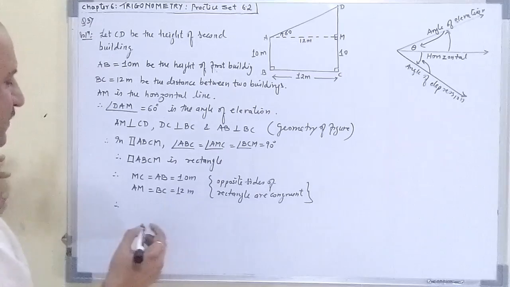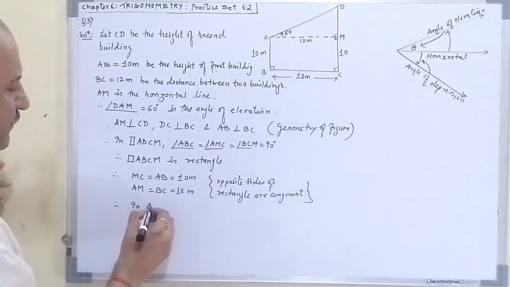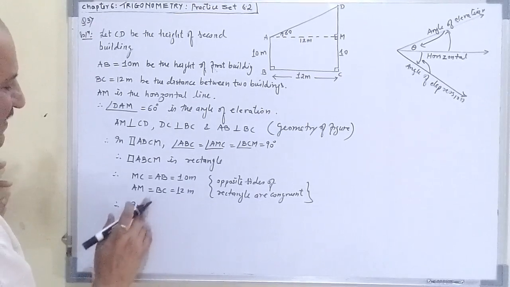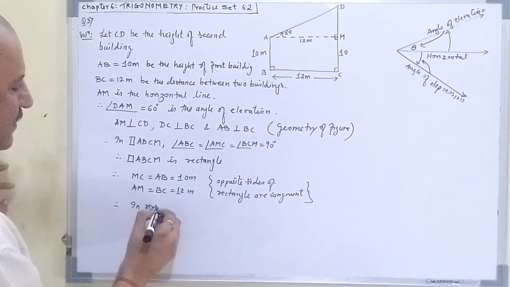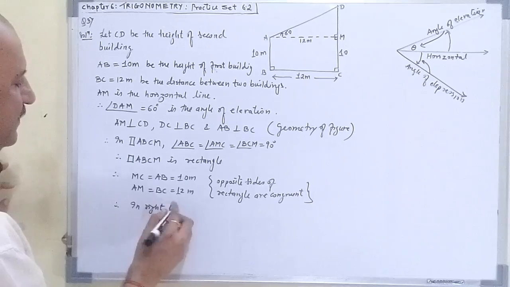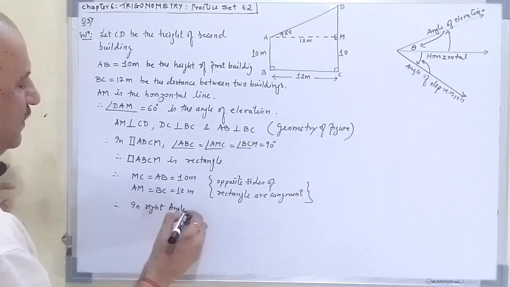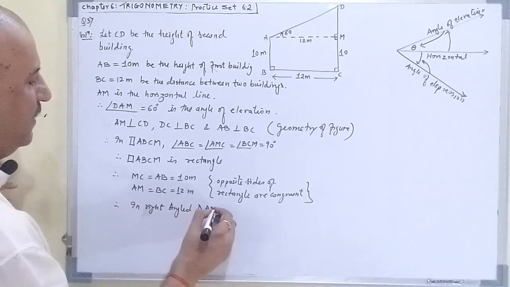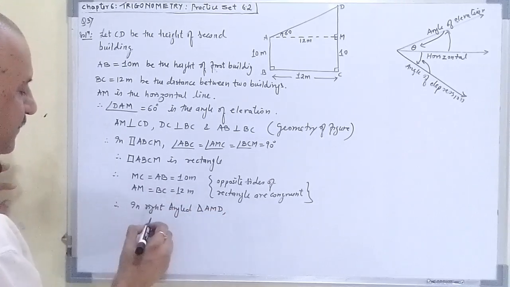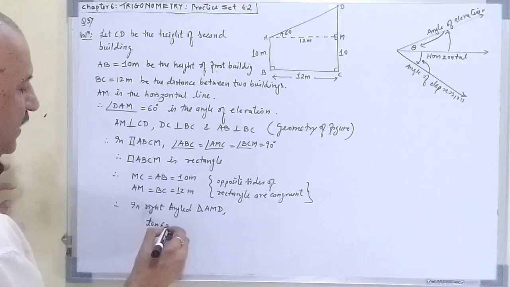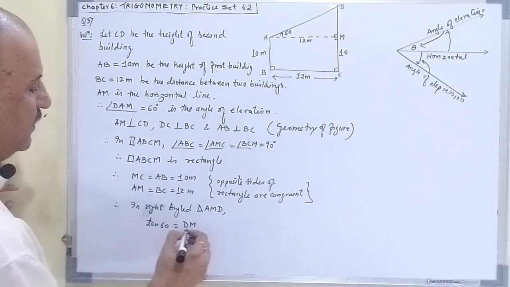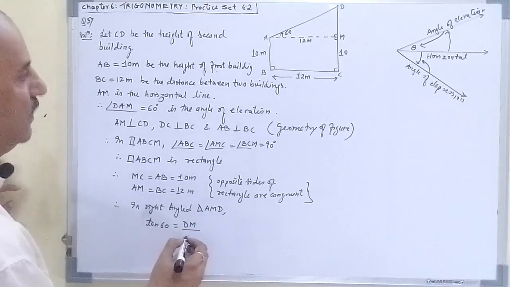हम आते हैं in right angled triangle AMD, tan 60 is opposite upon adjacent.